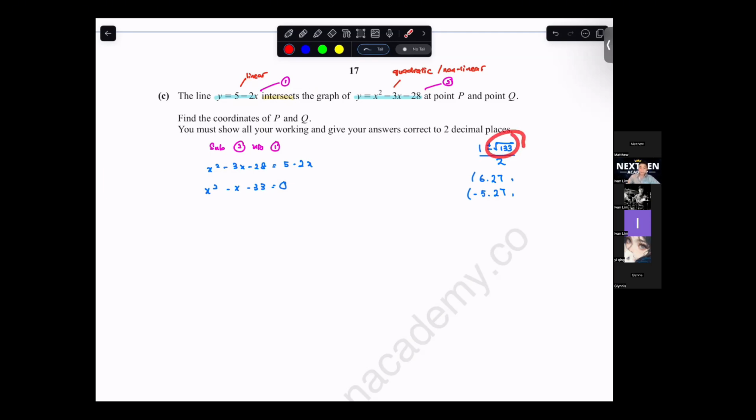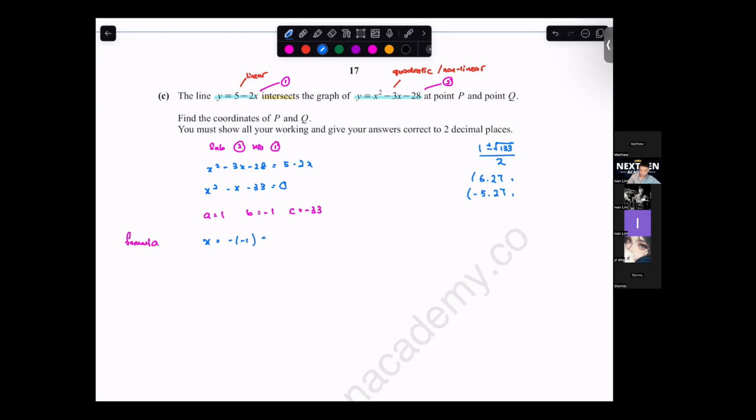So now, if I got a surd type of answer, it means this will give me an irrational solution. Therefore, I have to use the quadratic formula. So a equals 1, b equals negative 1, c equals negative 33. Substitute into your quadratic formula, which is negative b plus minus square root of b squared minus 4ac, over 2a. You have to memorize it.